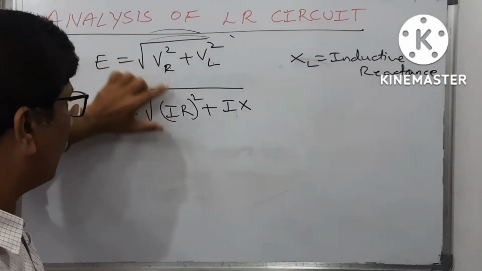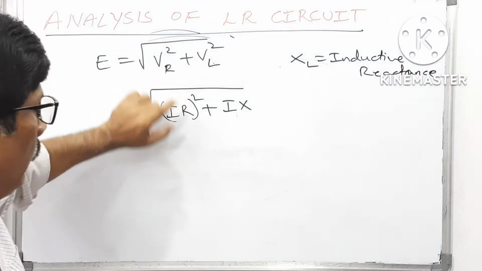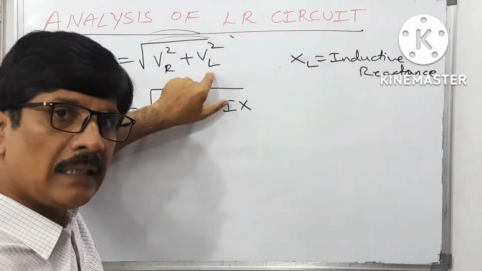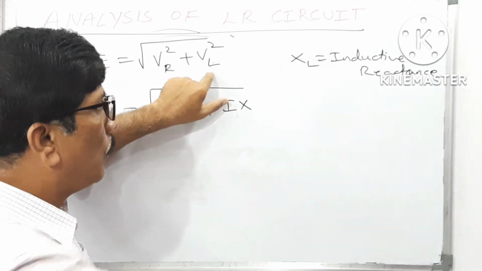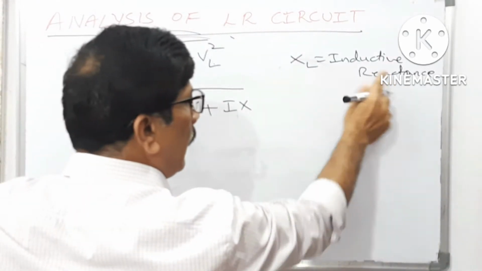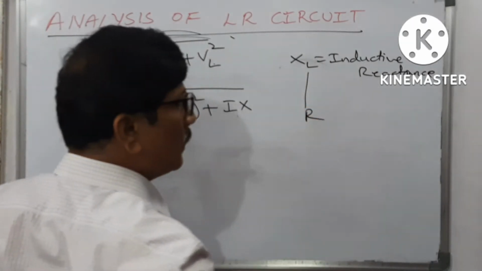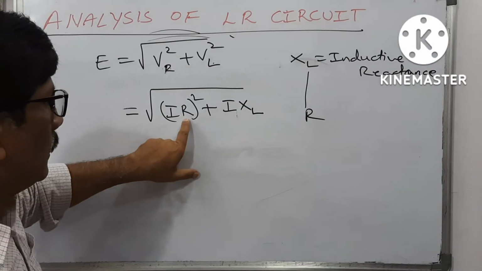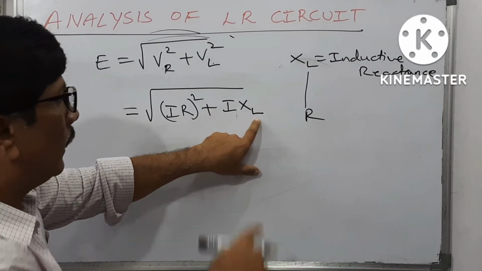Here the resistor opposes the current. That's why I into R. It is denoted by R. But here the inductor also opposes the current. That opposition offered by the inductor to the current is called inductive reactance. It is also similar to resistance. So that's why you can write it as current into resistance of the inductor, XL.